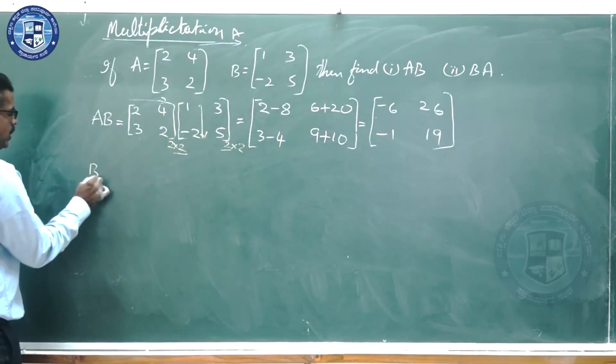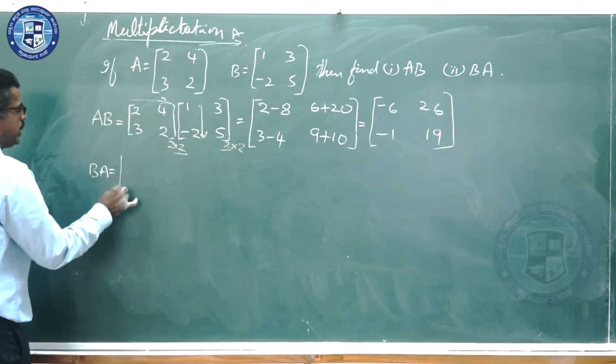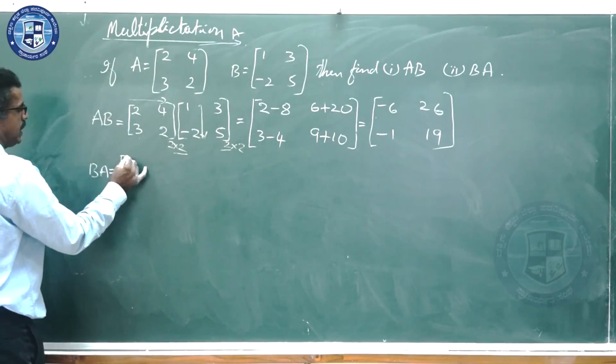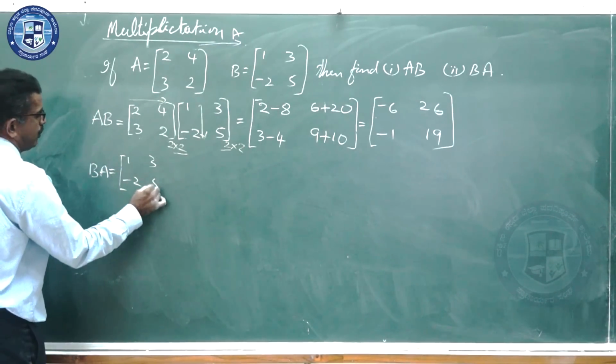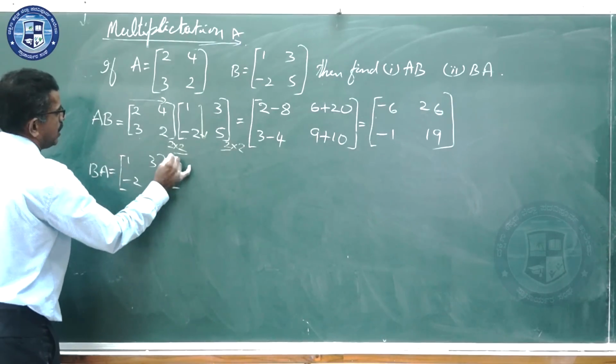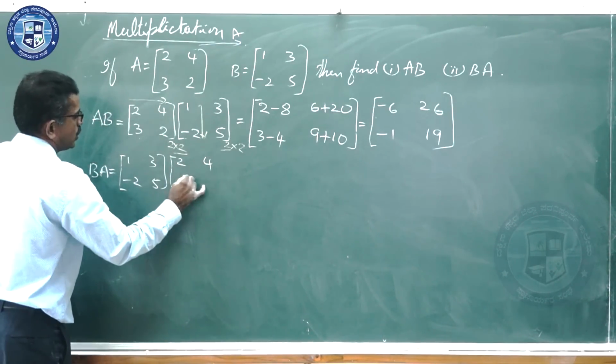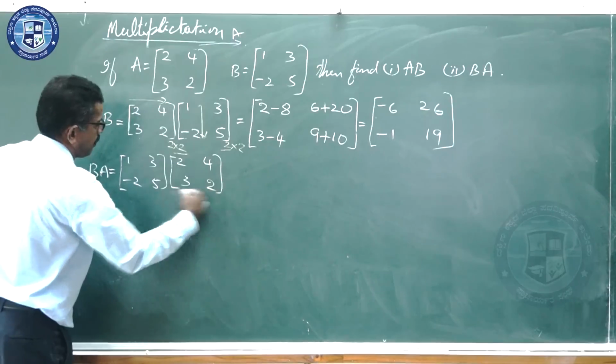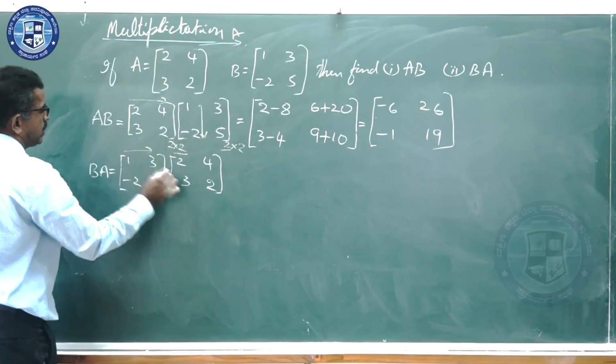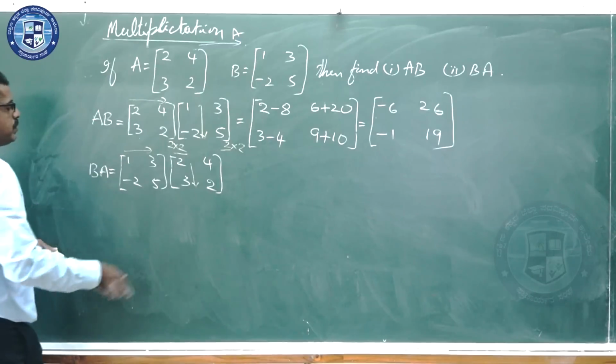Next, what is B into A? First we need to write B. It is 1, 3, minus 2, 5. A will be 2, 4, 3, 2. Multiply rows of the first matrix with the columns of the second matrix.